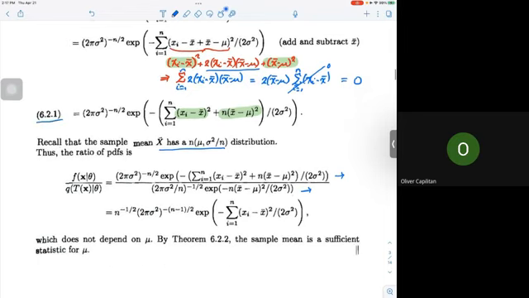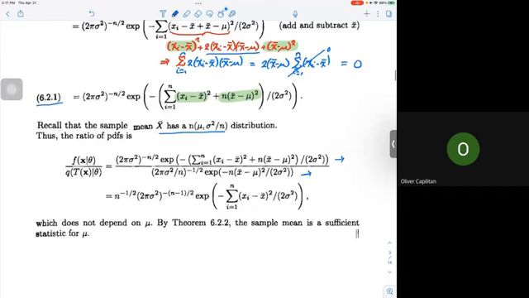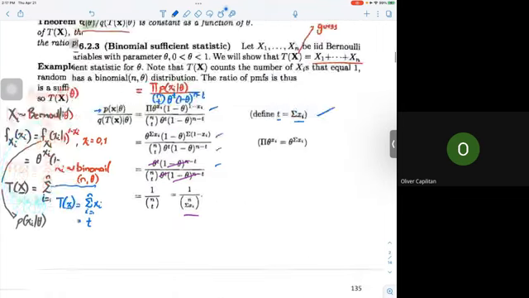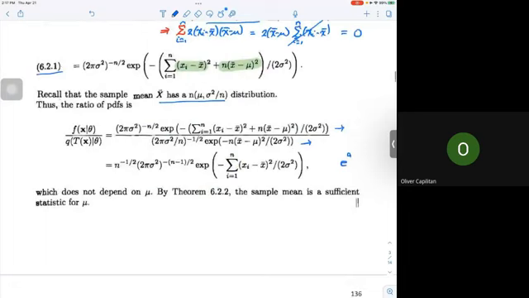And then, just using the law of exponents, e to the a and e to the b will just be equal to e to the sum, a plus b. This is what we will use in simplifying this ratio of PDFs.